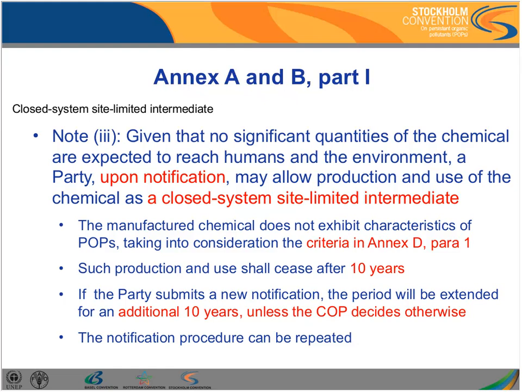One specific example is that at the last COP7, such a new notification was provided for the use of DDT for the production of dicofol. The COP did not decide otherwise, so the COP took note that an additional 10 years is available for this exemption.